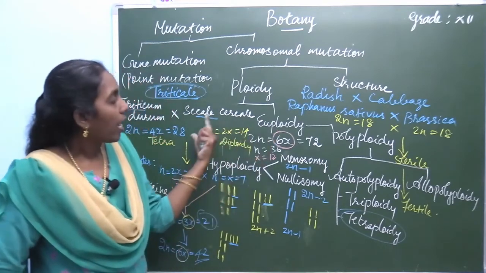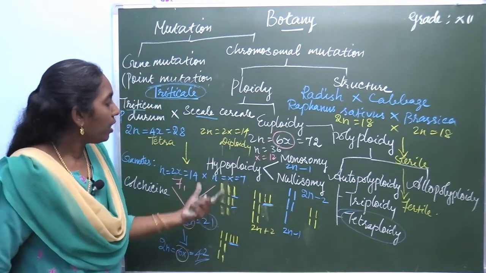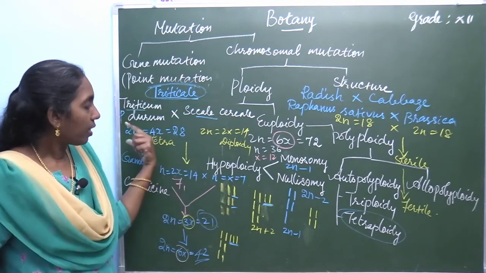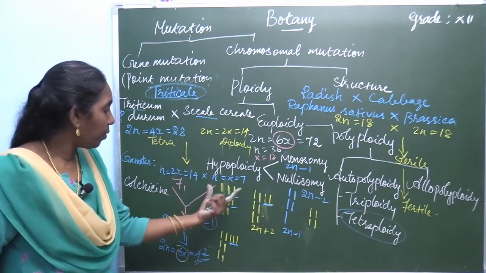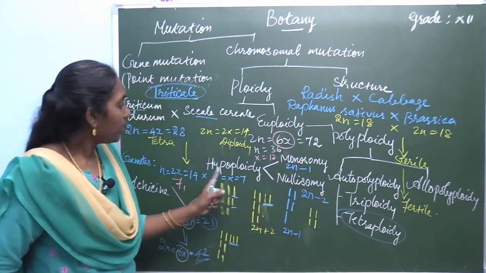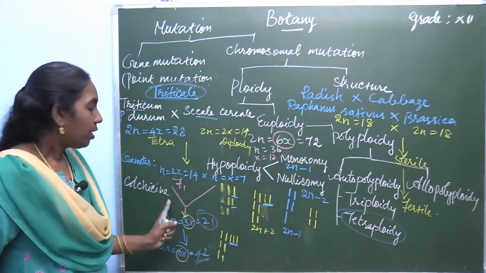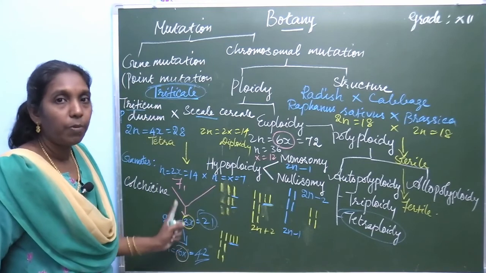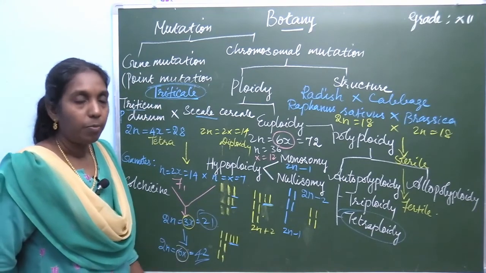aneuploidy and euploidy. Aneuploidy is again classified into hyperploidy and hypoploidy. Hyperploidy includes triploidy, tetraploidy, pentaploidy.